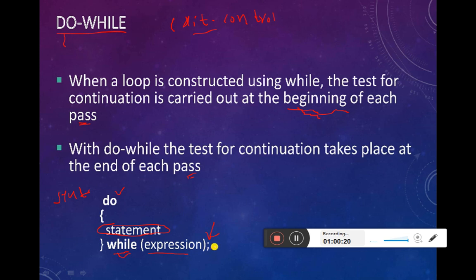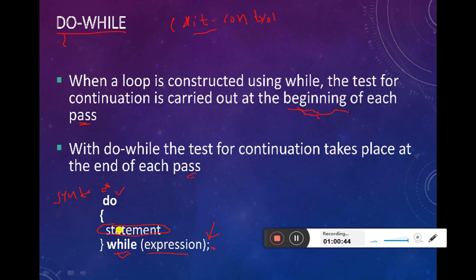I stress once again, do while loop ends with a semicolon. So this is the general syntax of do while. So the working will be, first we have some initialization of the loop before do, then we execute the body of the statement, then you get a condition test.